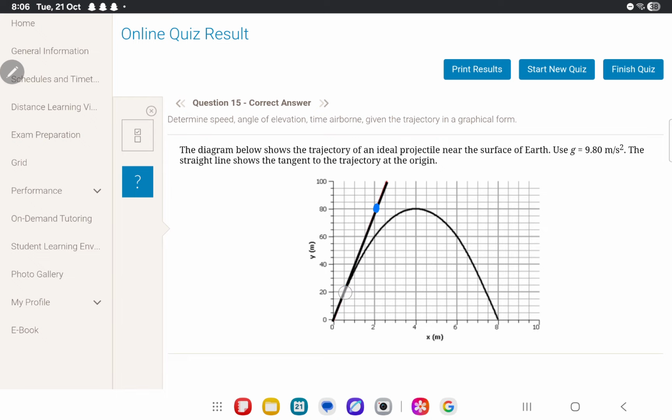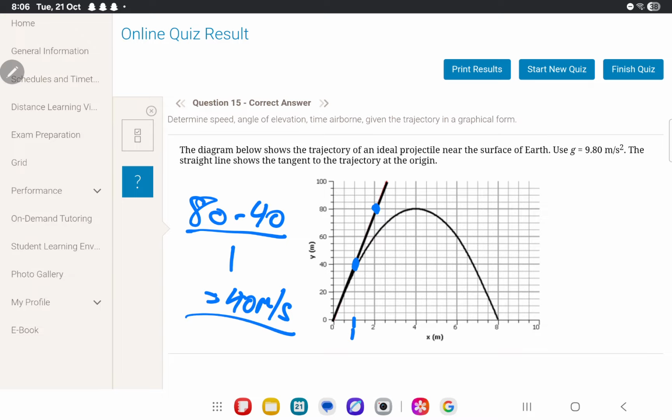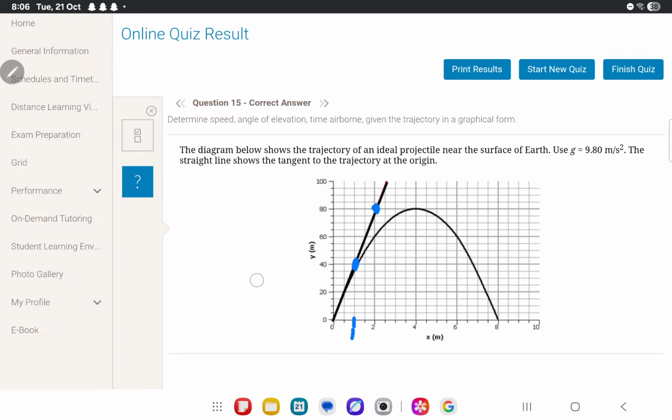So let's take it here, and here. 80 minus 40 over 2 minus 1, which is 40 meters per second. Right, done. Why can you use this? Because it's the tangent to the trajectory at the origin, so that means it's the velocity at the origin point. We call it the initial velocity.